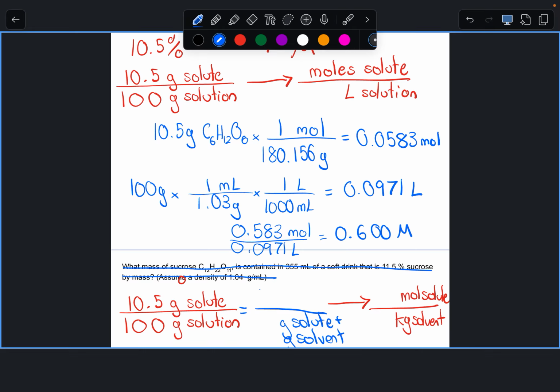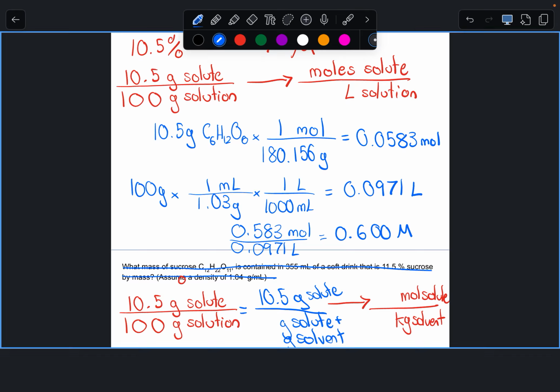Okay? So 10.5 grams of solute, right, on top. So if we know that the bottom has to equal 100, and we know that there's 10.5 grams of solute, we can figure out then that there's 89.5 grams of solvent, right?